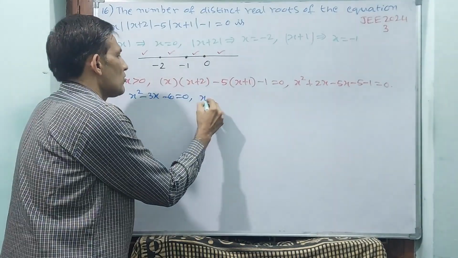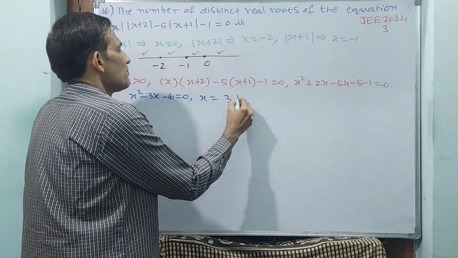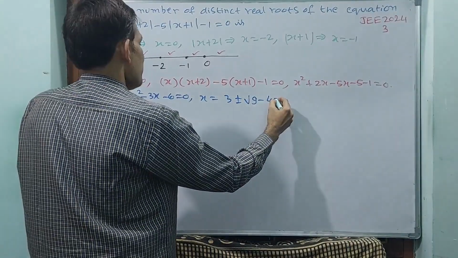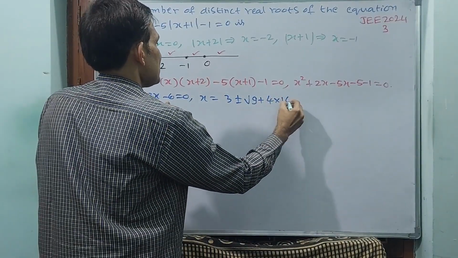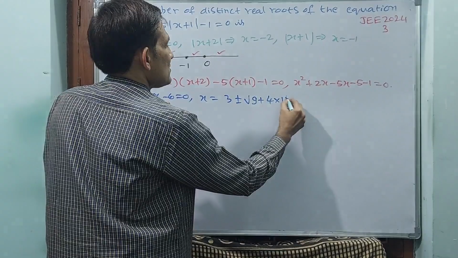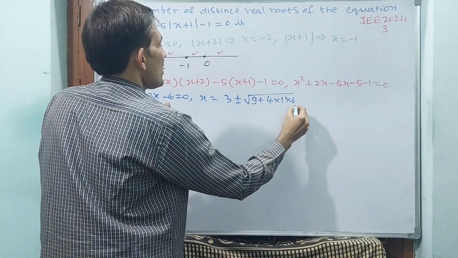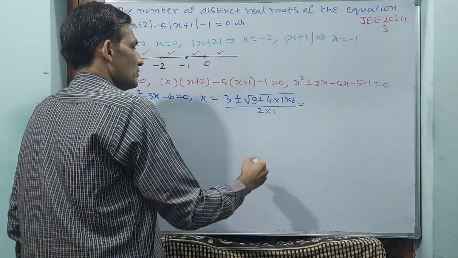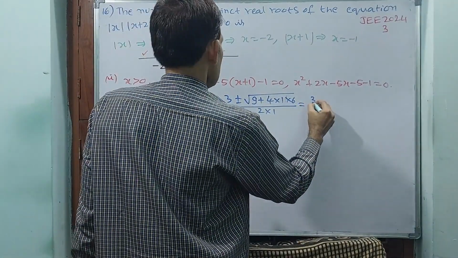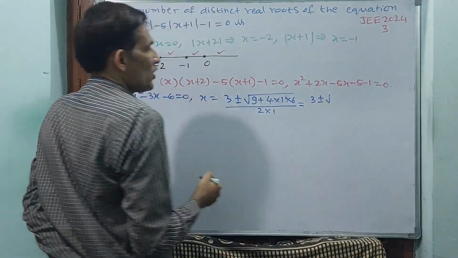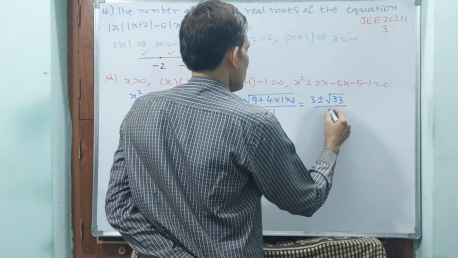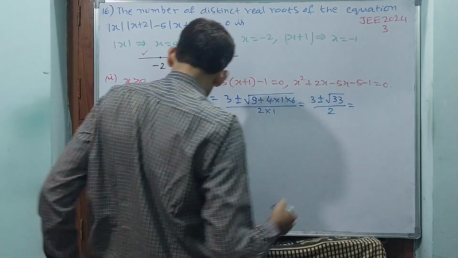Okay, x is equal to minus b plus or minus square root of b square minus 4 into a into c, by 2a, 2 into 1. That is equal to, c minus 3 means 3 only, plus or minus square root of 24 plus 9, 33, by 2. That is equal to square root of 33. What is it?